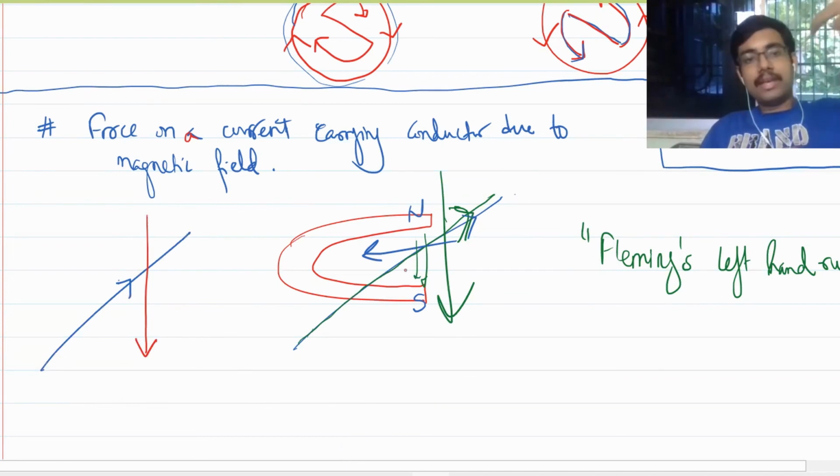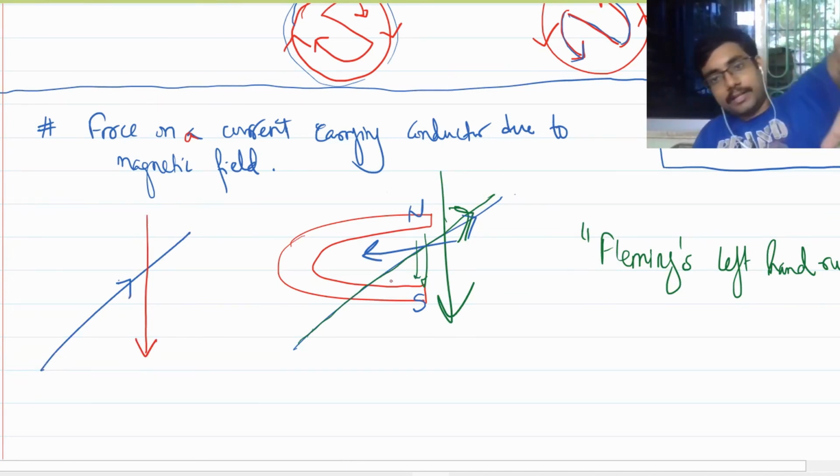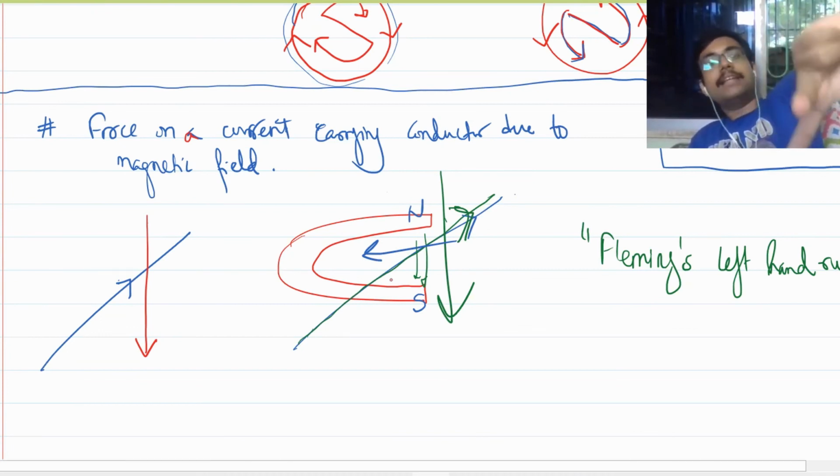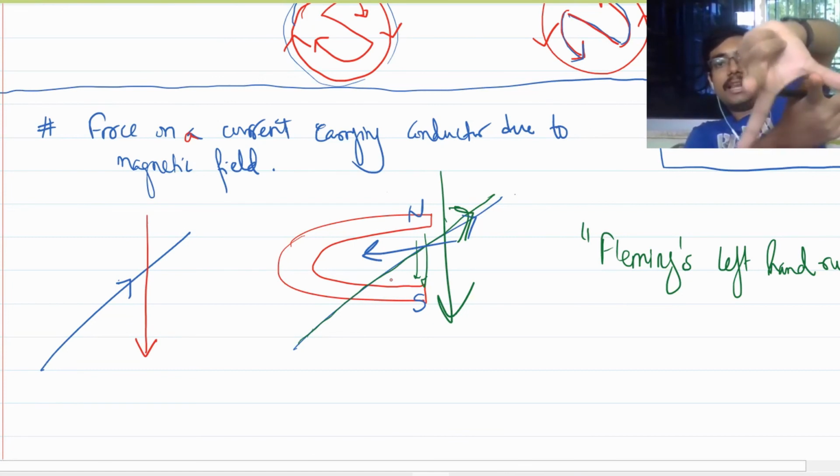The middle finger will point in the direction of current, and you adjust your index finger so that it represents the direction of the magnetic field. Are you getting that? Arrange your left hand like this. Can you see that the direction of force is on the left?